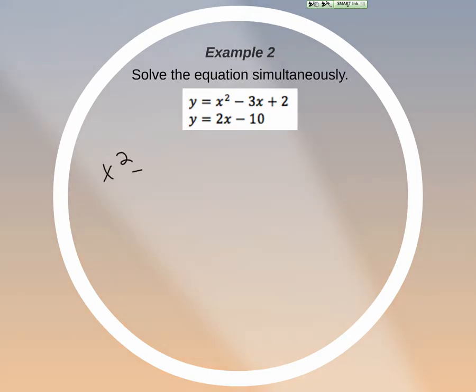So we've got x squared minus 3x plus 2 equals 2x minus 10. Bring everything over, so I have x squared minus 5x plus 12 equals 0.